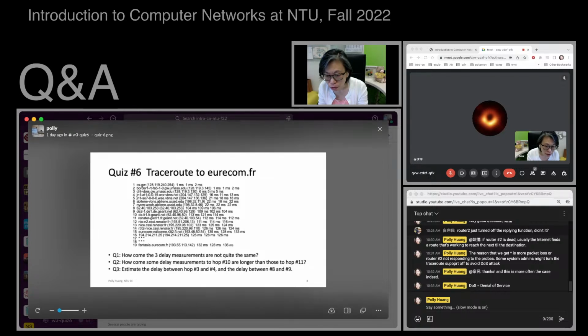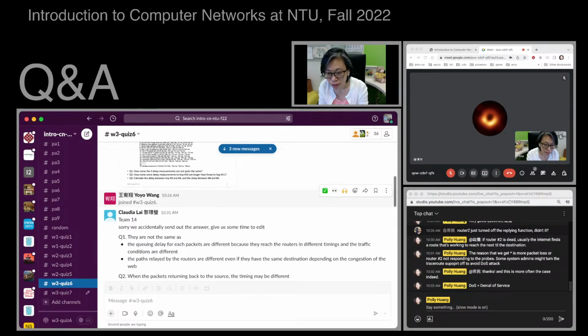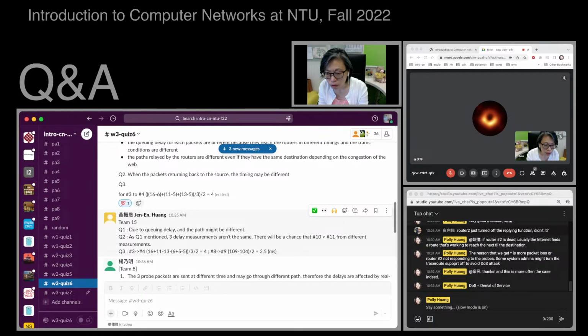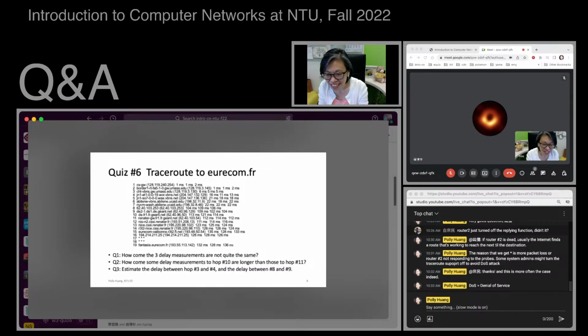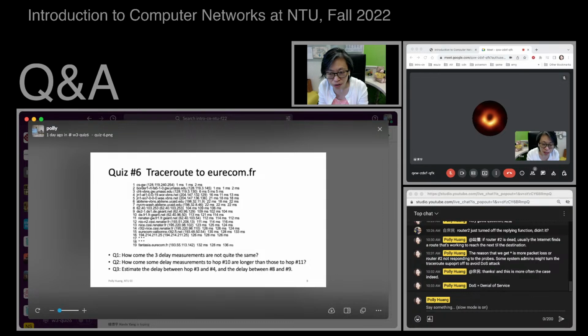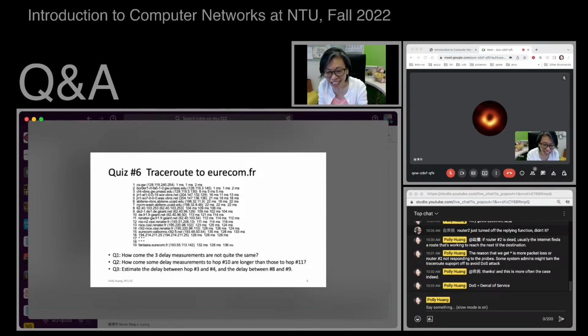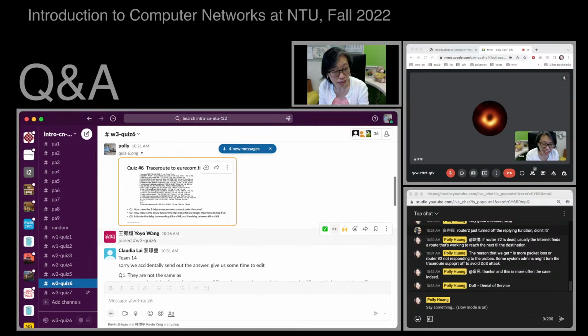Yeah, I think the average to hop 8 is higher and to hop 9 lower. But I guess what Zheng'en was doing is probably subtracting the middle value of the 3 measurements. I think that's another way. Instead of doing the average, you take the middle value. Yeah, median is an alternative way to estimate for a sample of numbers, right?